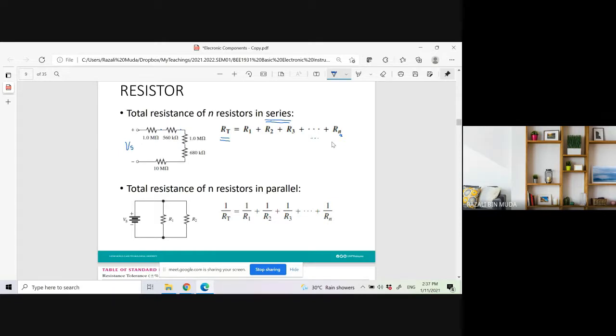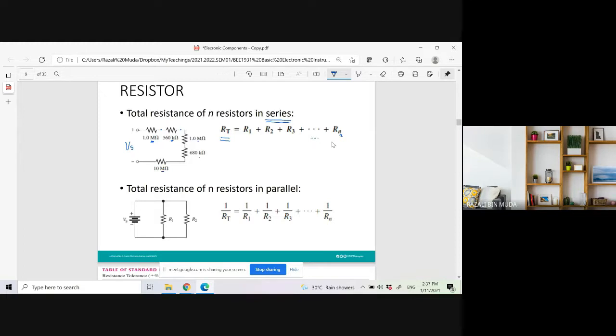Kalau macam ni, 1 tambah 5.6. Sorry. This is 1000 kilo ohm, 560 kilo ohm, 1000 kilo ohm, 680 kilo ohm, 10,000 kilo ohm. So you need to be careful of this value. Mega ohm, kilo ohm, mega ohm, kilo ohm, mega ohm.